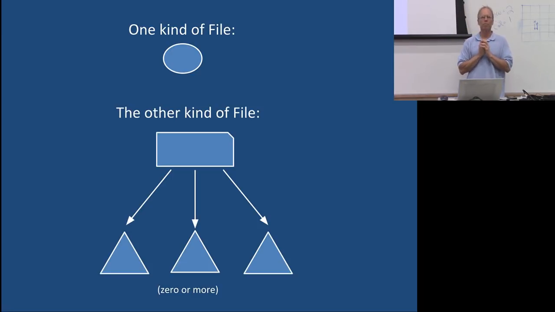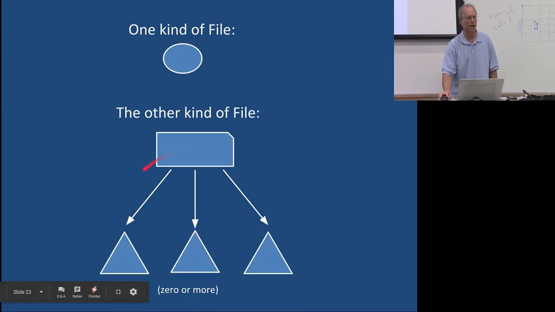Let's imagine writing one. Suppose I ask you to write a program to count the number of documents in a file system. So given a file system, tell me how many documents there are in it. What would be the answer for this kind of file system? If the file system was just a single document, what would the answer be? One document. What would it be for this case? How would you calculate the answer for that case?